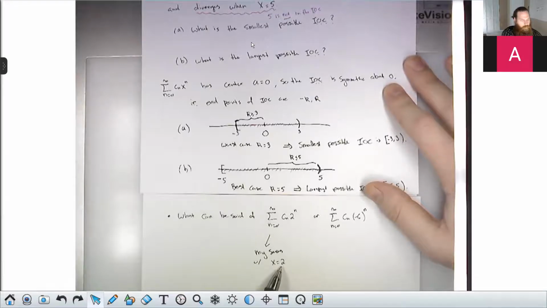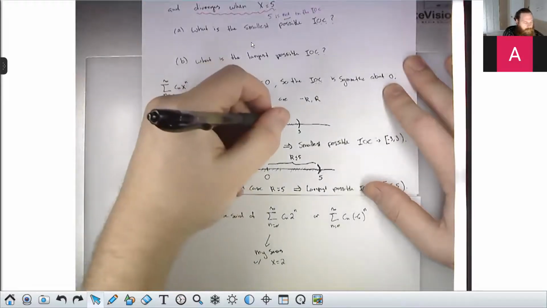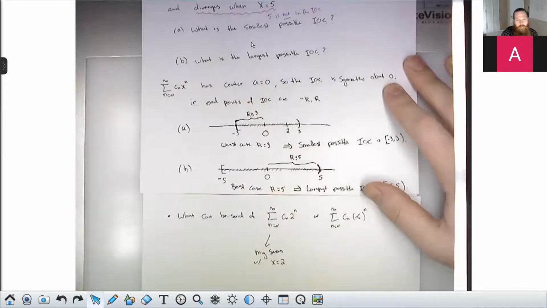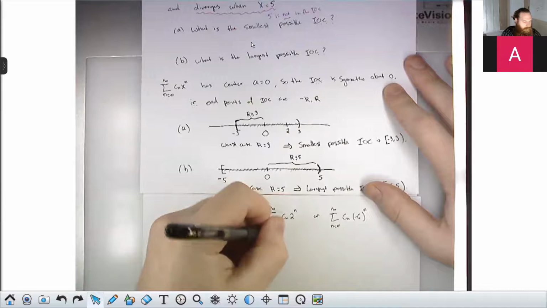And even in the worst possible case, 2 is inside the IOC. So with the information they gave me, I could say this series must converge.